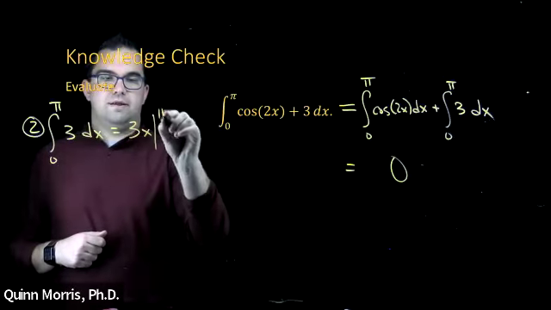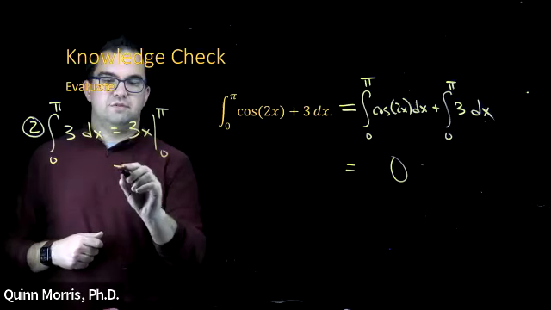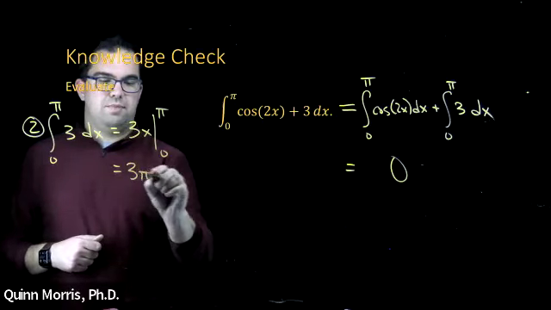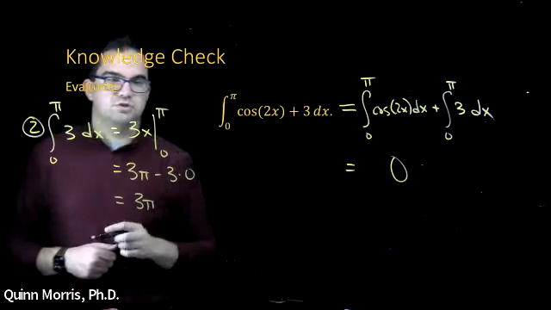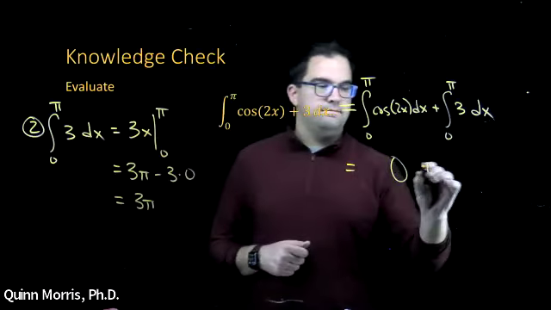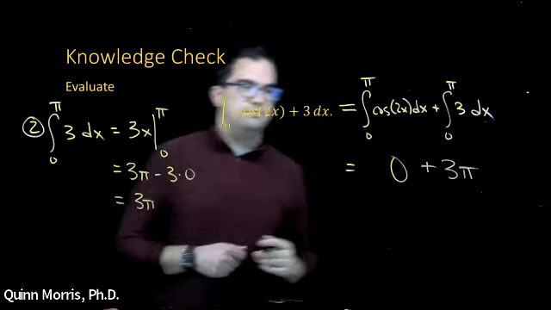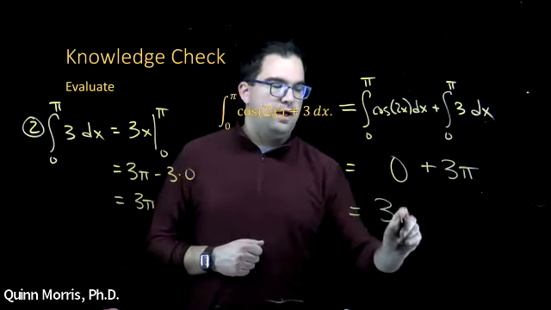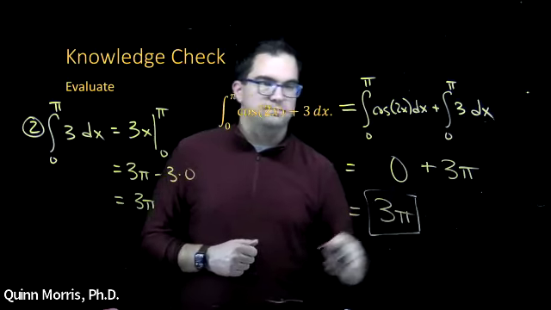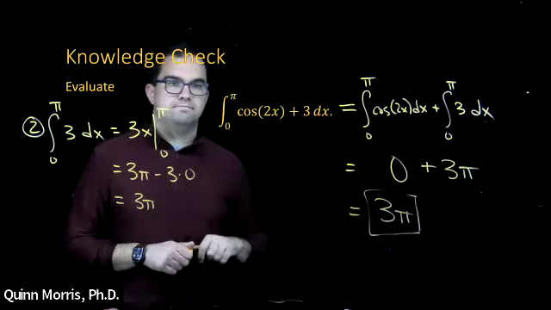Okay. We're going to evaluate it at pi and 0 and take a difference. So that's 3 pi minus 3 times 0, or just 3 pi. So we get plus 3 pi there. So we have 0 plus 3 pi for a final answer of 3 pi.